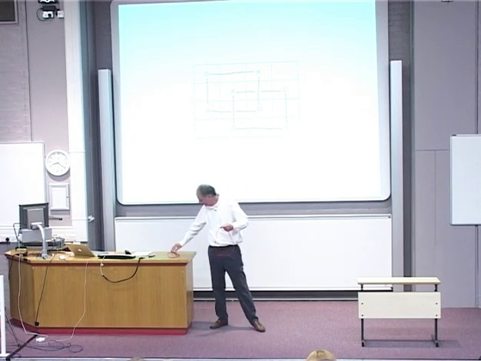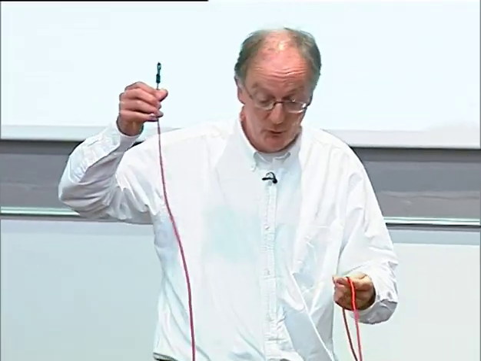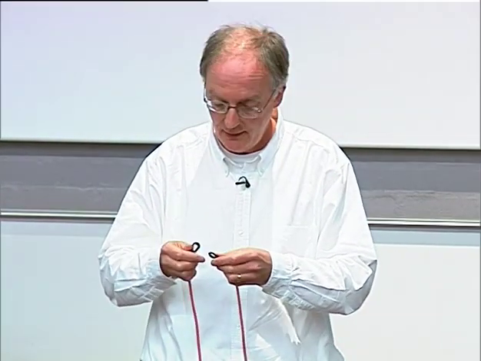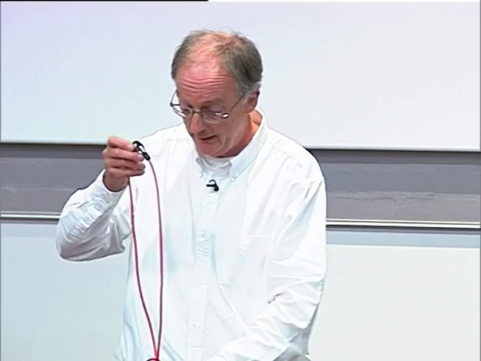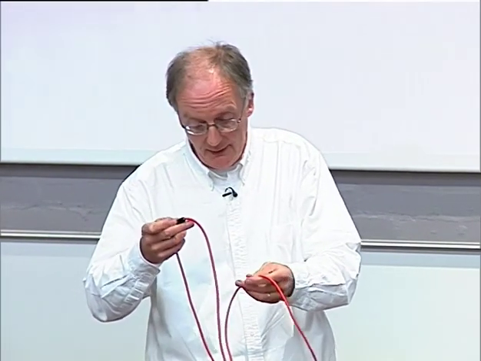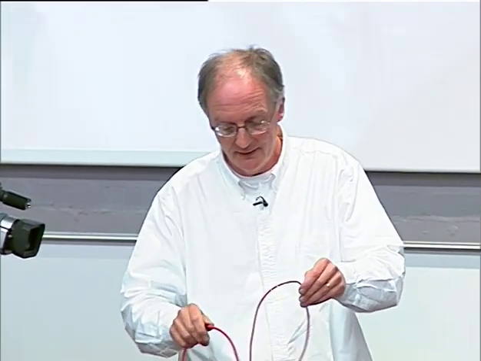Well, a link is when you start with more than one loop. Okay? I mean, I started just now with just one loop, but I could have started with more than one. And actually, the theory of knots, sometimes people call it the theory of knots and links, or the theory of links, and sometimes people aren't so careful about the words.